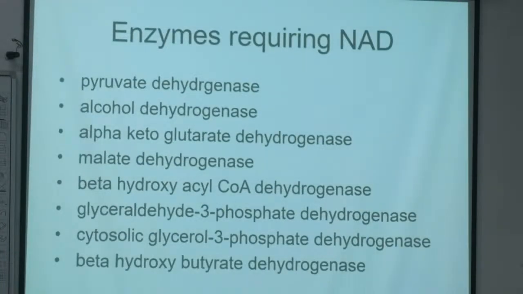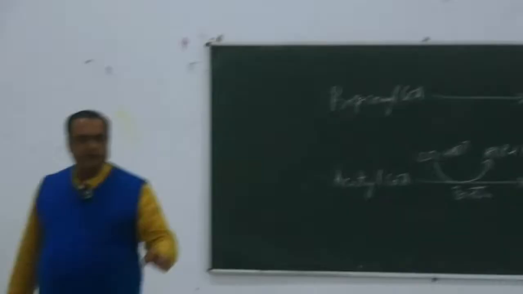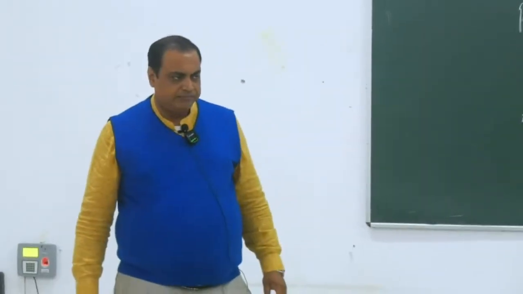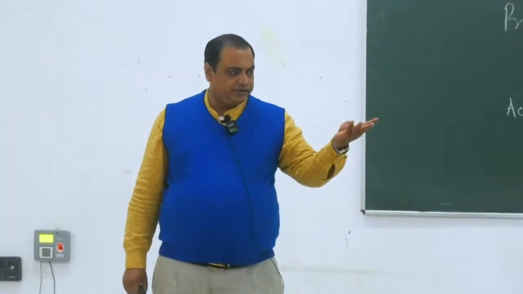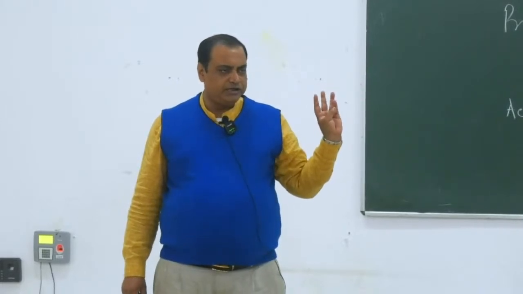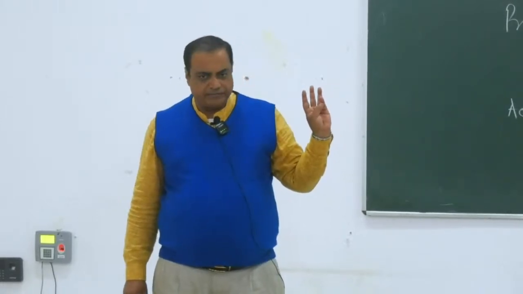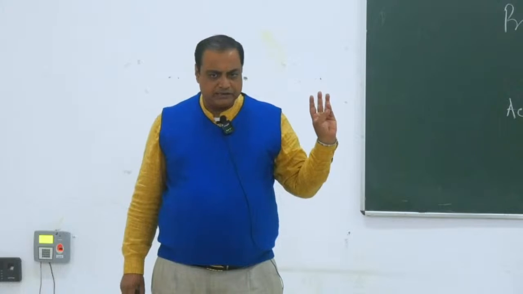These are the names of a few enzymes which require NAD for their function. Few enzymes you can also name by this time: glycerol 3-phosphate dehydrogenase, pyruvate dehydrogenase, lactate dehydrogenase, these three you can name. Correct? Anything else?